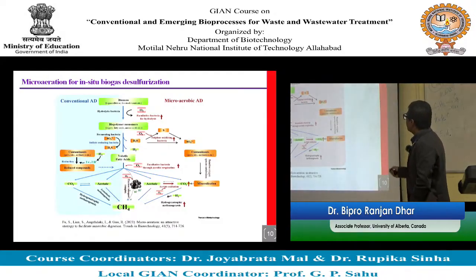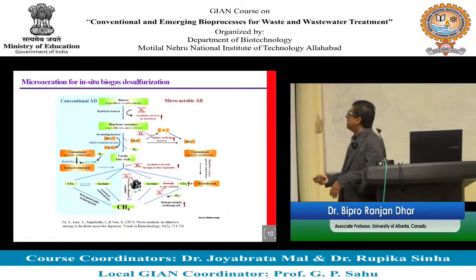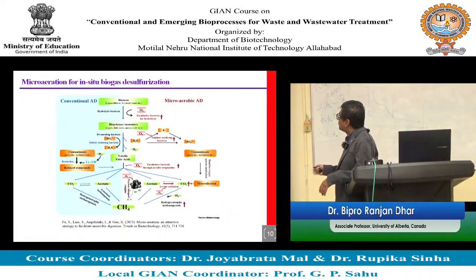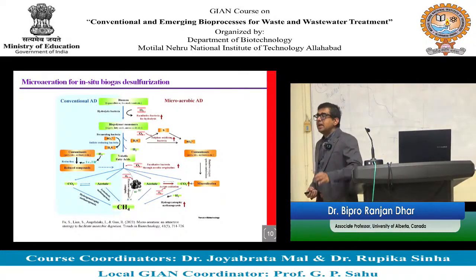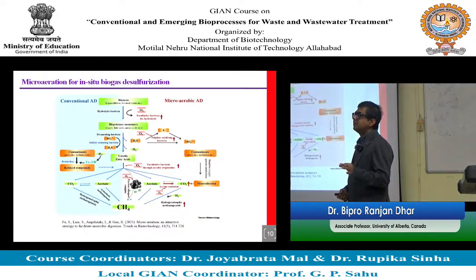Also, some researchers claim that when you apply microaeration, you can produce different types of reactive oxygen species, and that can help to mineralize some of the recalcitrant compounds, which can be degraded in the process.